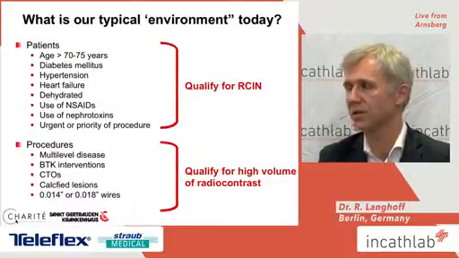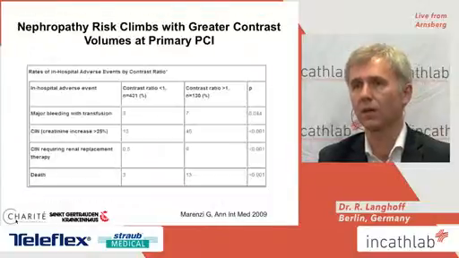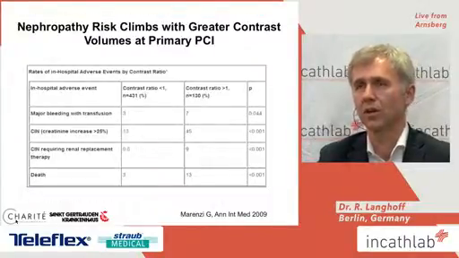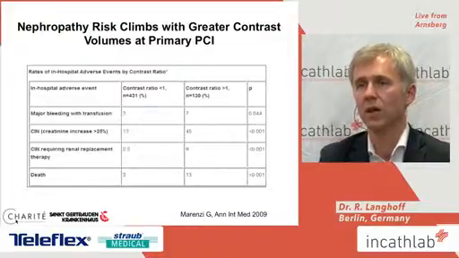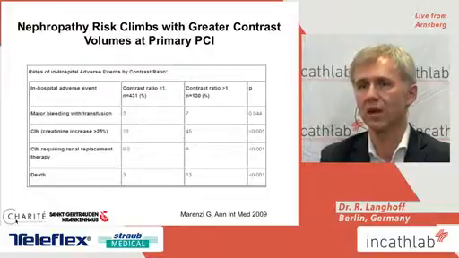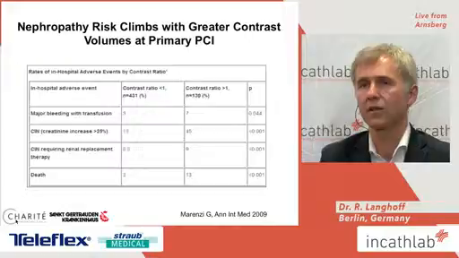We have the patients, but we can work on the procedure itself to optimize it. So is nephropathy important or not? There's one publication from 2009. They looked at PCI interventions, more than 500, and looked at endpoints.